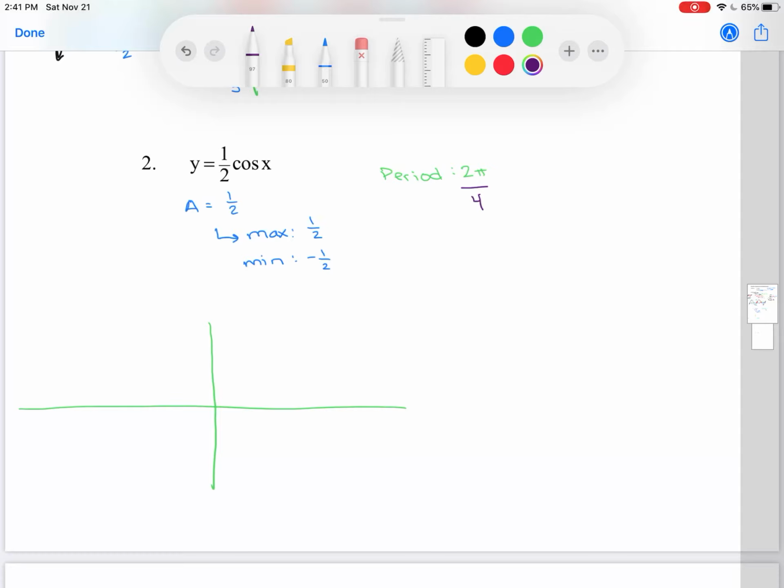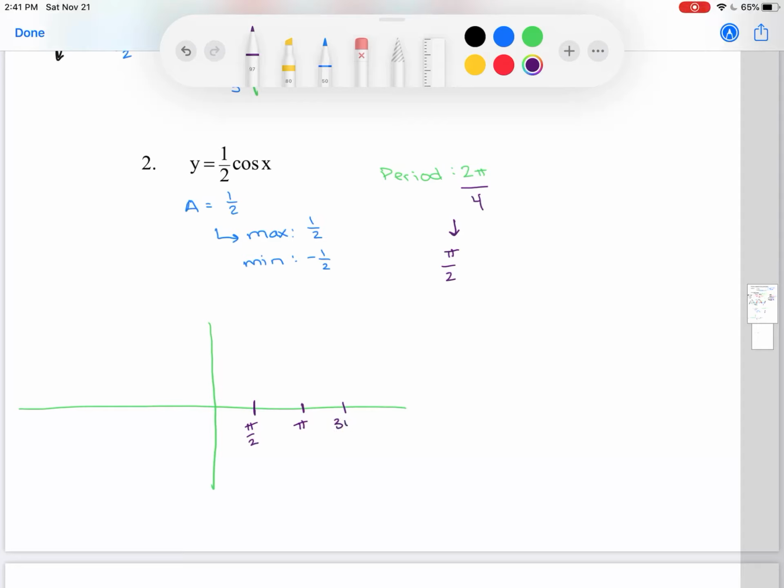So as we develop this graph every single time and try to figure out those easy coordinates that we know on the unit circle, I want you to take your period and divide it by 4 so that we can get 4 points to the right, and then we'll follow with the same 4 points on the left side. So if I simplify this, that is going to tell me that I want to have a nice coordinate every single pi halves.